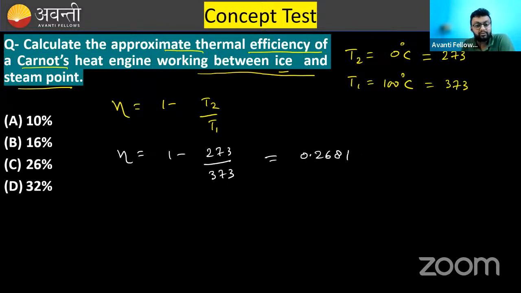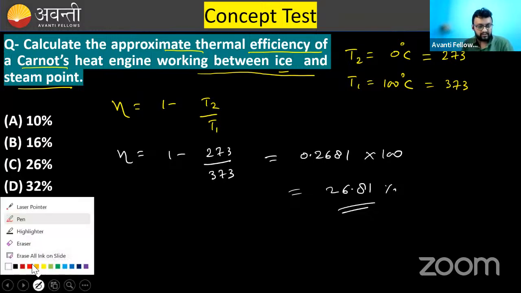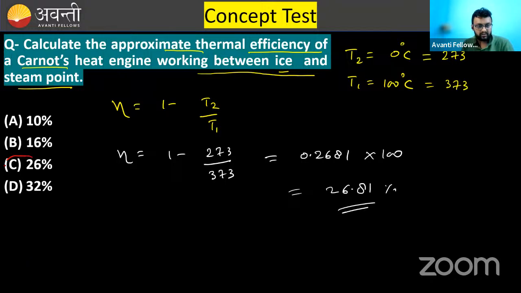I have calculated it using a calculator, but you need to calculate the approximate result. This is the value of eta. If I talk about percentage, you need to multiply it by 100. So it will be approximately 26.81%. So 26.81%, this is going to be the answer, option D.